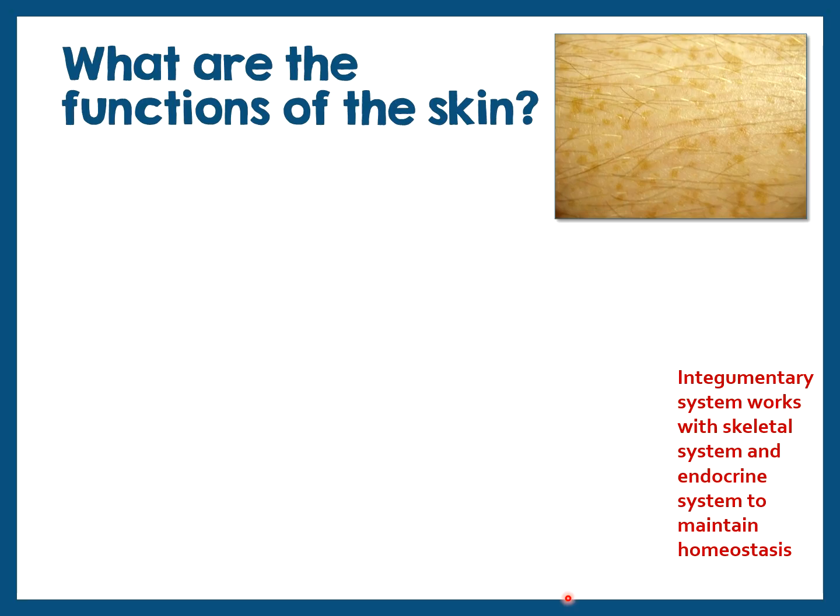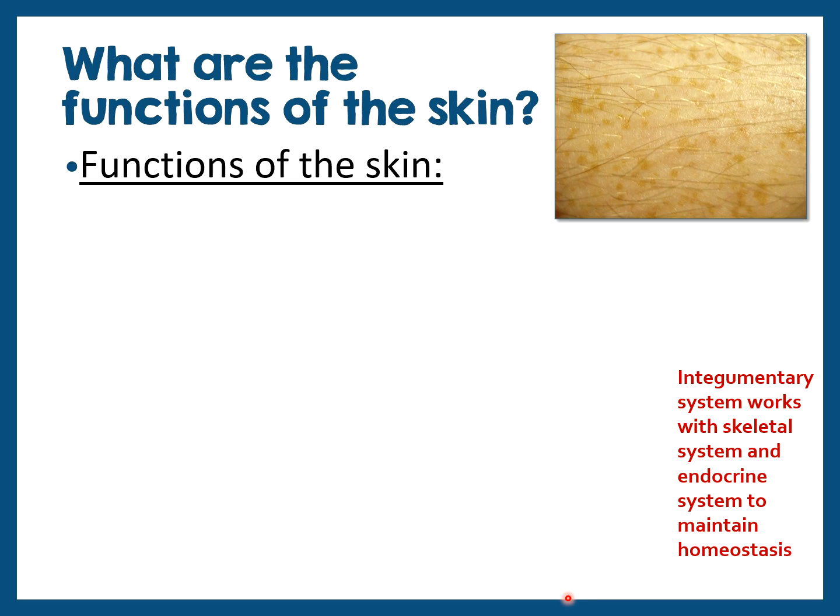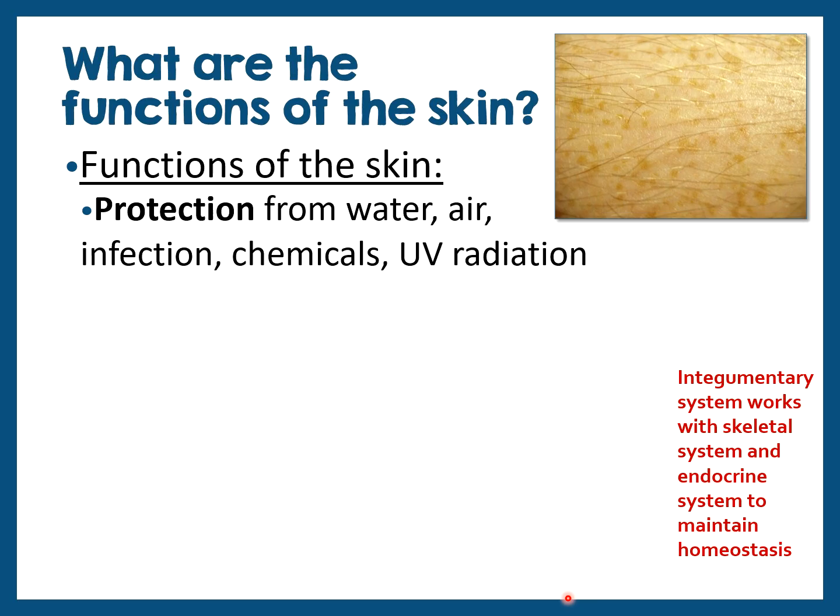When it comes to the functions of the skin, your integumentary system is going to work very, very closely with the skeletal system and the endocrine system to keep your body within very narrow limits when it comes to body temperature and regulation of your hormones. So, some of the functions, if we think about the anatomy of the skin and the outer layer being a simple squamous epithelium, that is going to allow for protection.